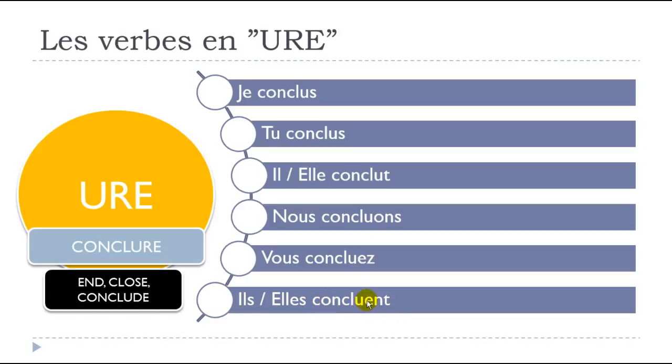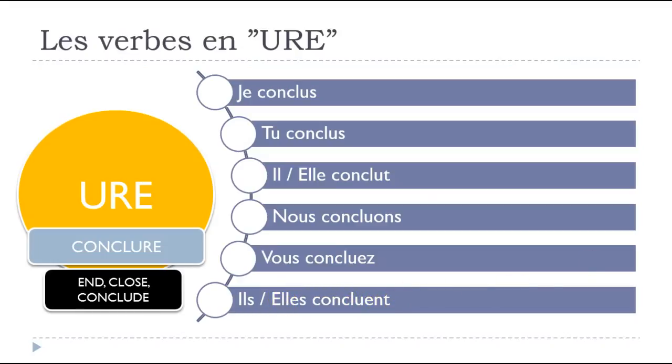Keep in mind that even if you put this final ENT, you don't pronounce it. So phonetically, you get conclu. So je conclus, tu conclus, il conclut, elle conclut, nous concluons, vous concluez, il conclut, elle conclut.